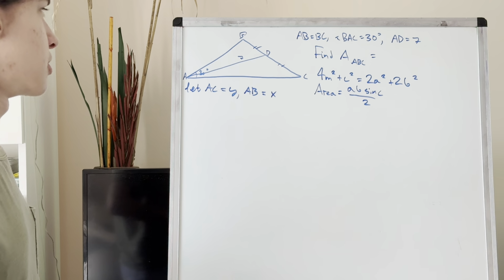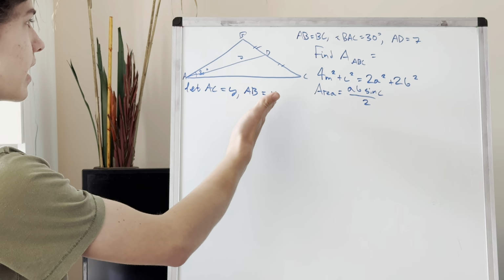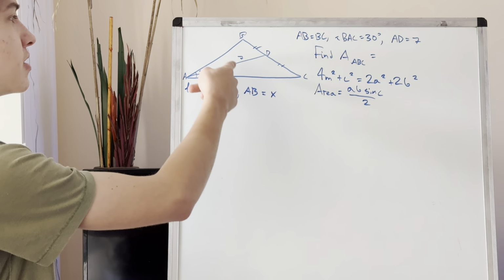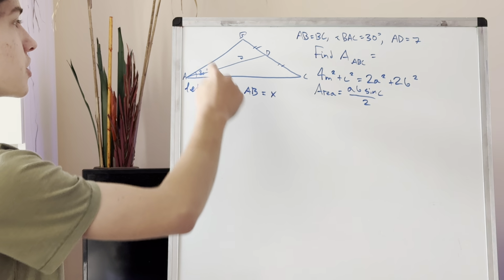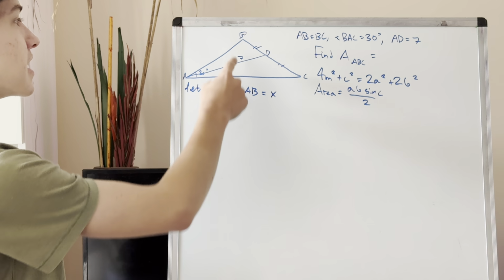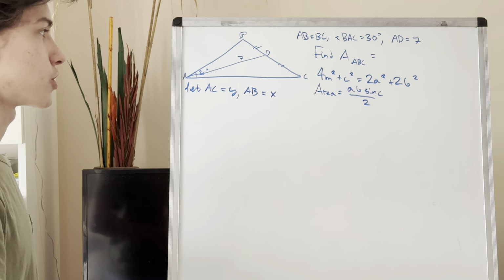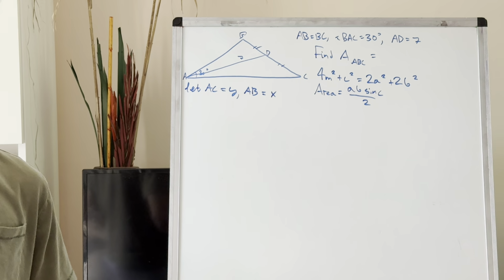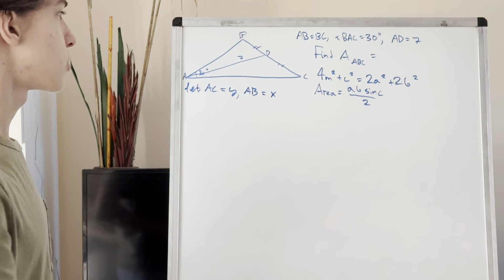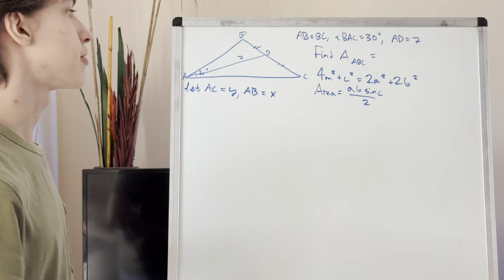And the plan is going to be to find this x and then just plug it into our formula for area, right? If we know AB, then we can use this formula to say x times x times the sine of this angle B over 2 is going to be the area of the triangle. So that's our plan.